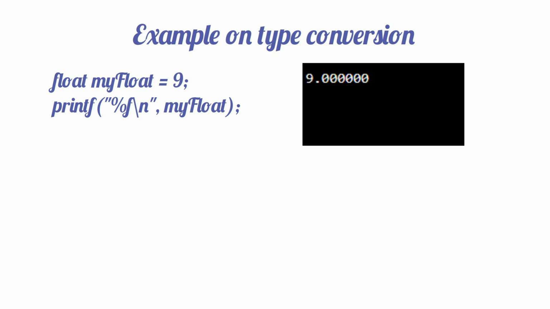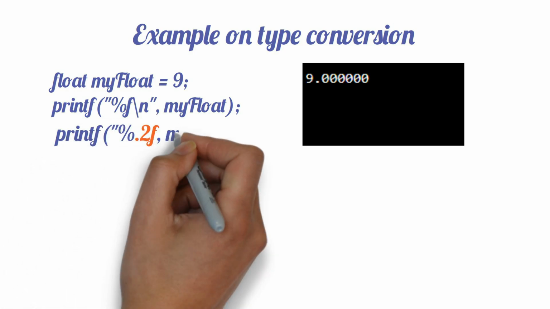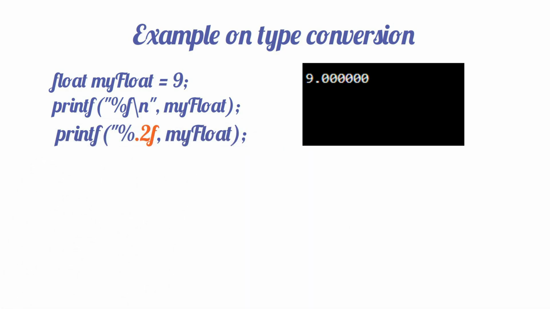In real time, if you give output like this, it's not decent. To make this output decent and in a readable format, we'll specify the number of values that we want after the decimal point. To do this, I'll write this line of code. As you can see, printf, double quotes, %.2f.